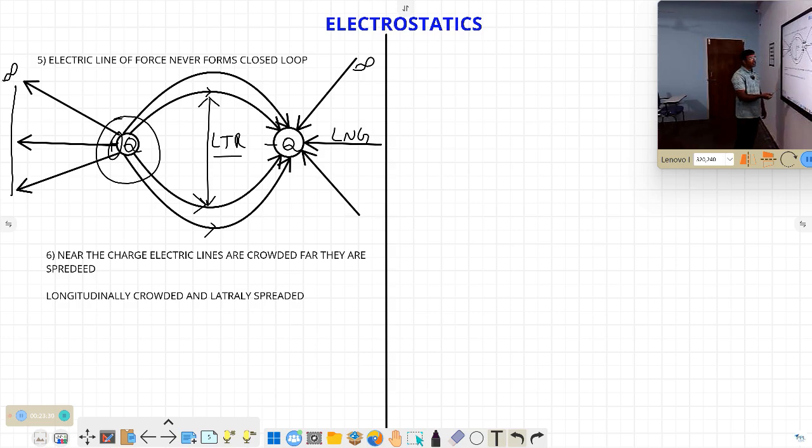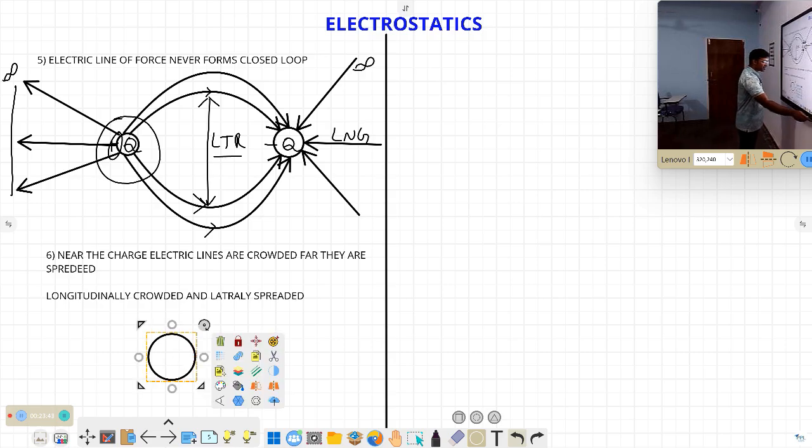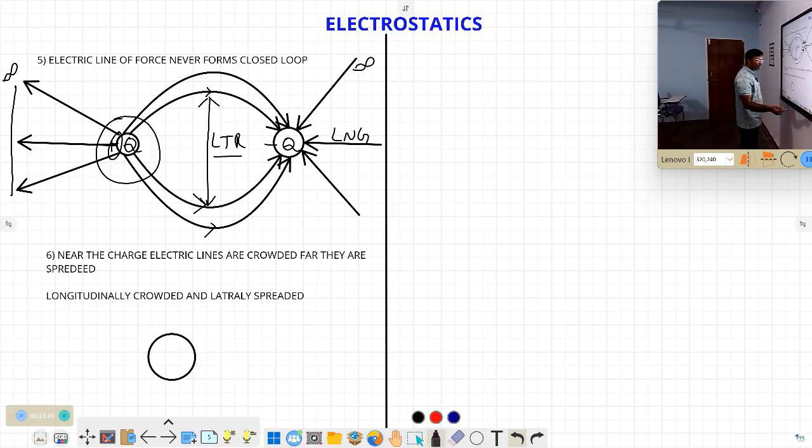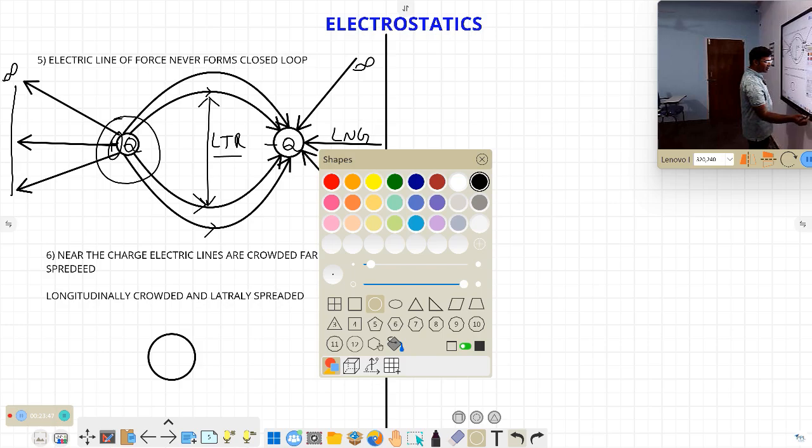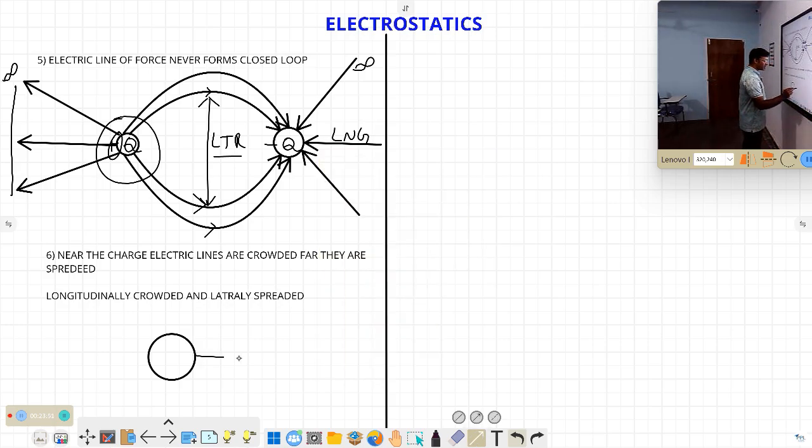And in this case, how do electric lines of force come from a charge? Suppose we take a single charge, a spherical charged body. How are these electric lines going to come from this charged body? As you look, they come out like this. So how much angle does it make?